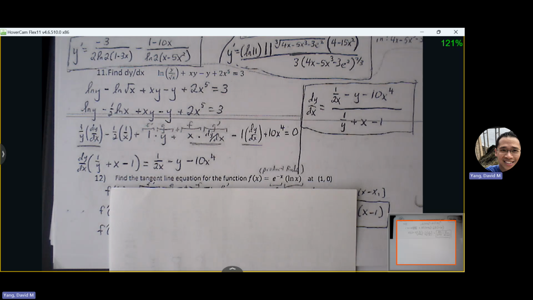But I'm also adding and moving the non-dy dx terms over to the right side. Okay, any questions?